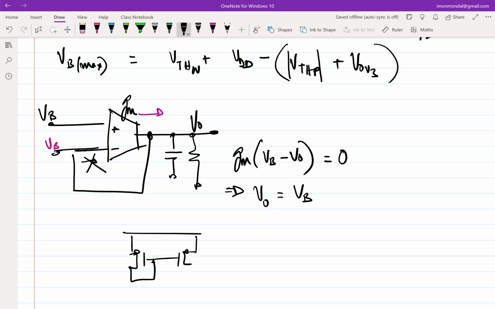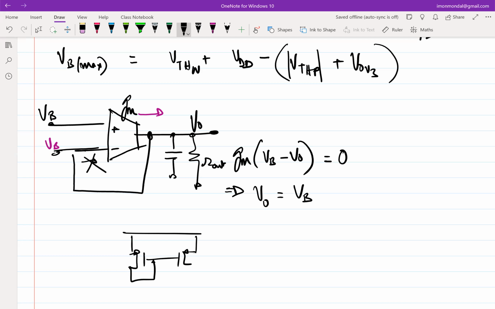But GM times this resistance will be high, right? That's the whole expectation of designing this kind of amplifier. GM times this R out will be high, which means this equation will not settle to 0. You will have some finite current, but that will be small enough. So VB minus the difference between the input terminals will not be exactly 0, but it will be a small value, expectedly, if you have designed it well.